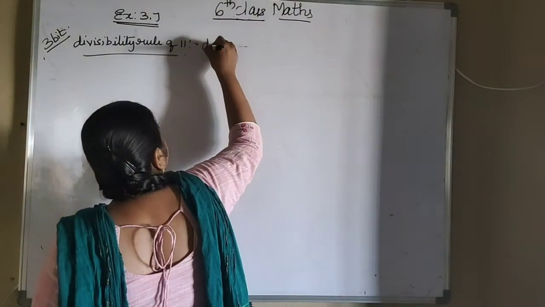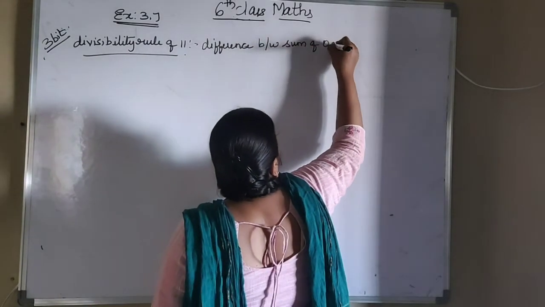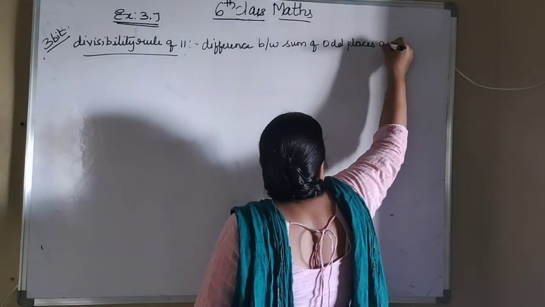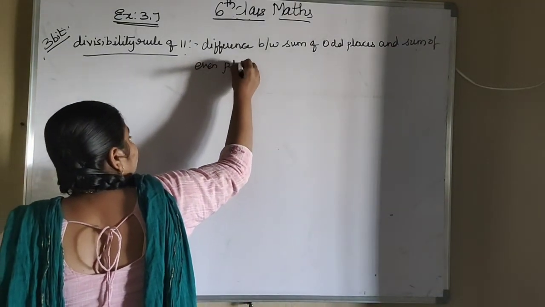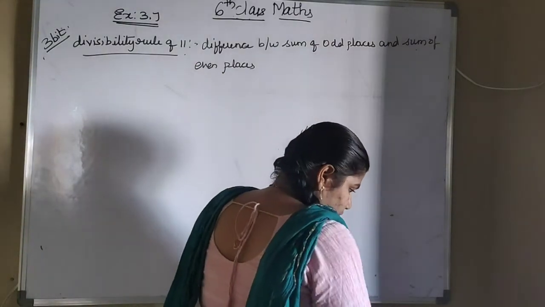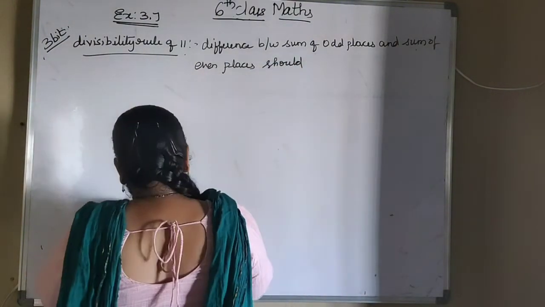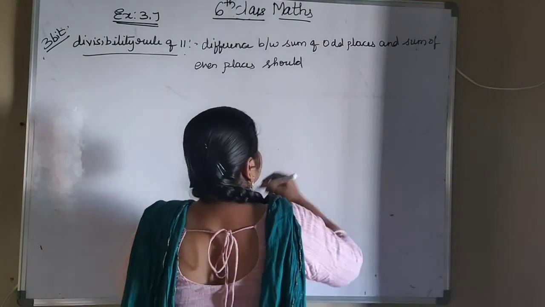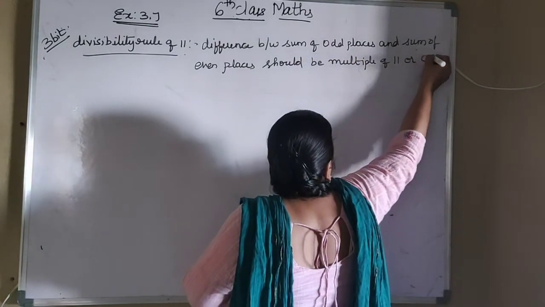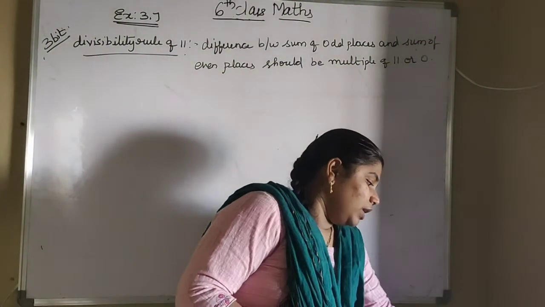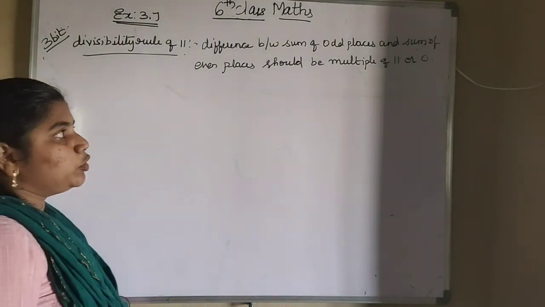The difference between the sum of odd places and the sum of even places should be a multiple of 11 or 0. So this is the divisibility rule of 11.